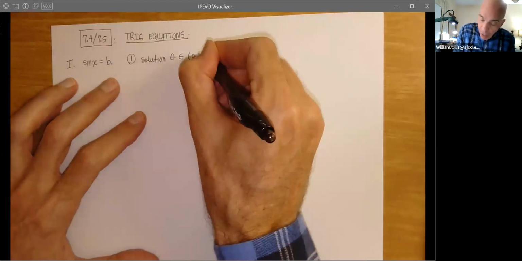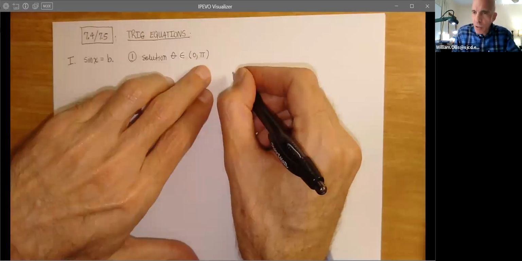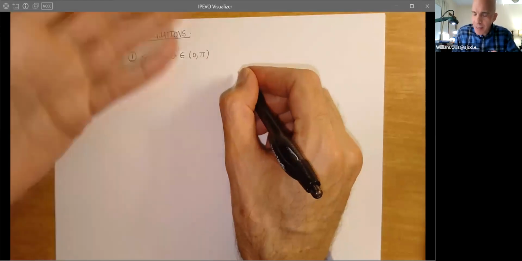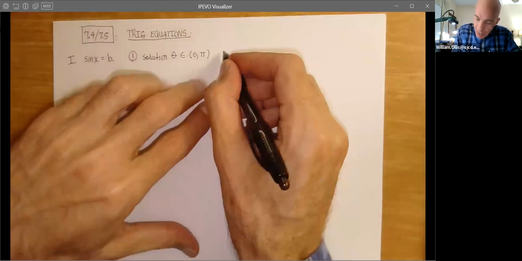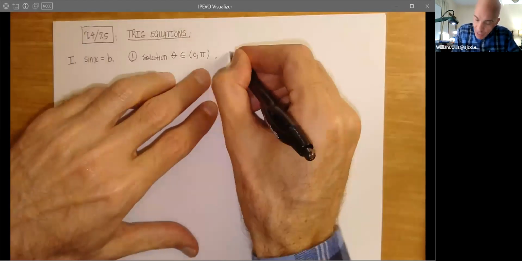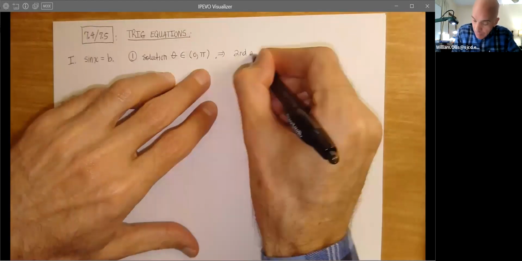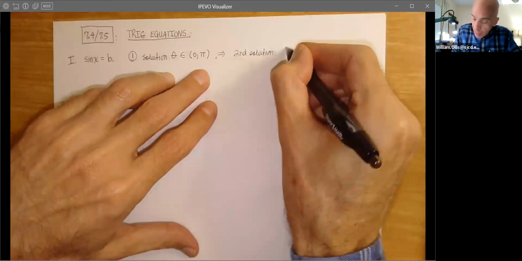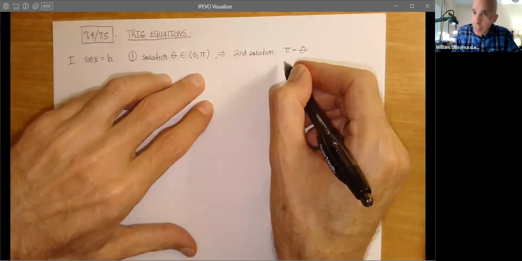And we're talking about away from the axes. The axes are easy. You either get 1 or 0 when you're on the axis, so who cares? That doesn't require anything. So if this is a solution, then this implies the second solution. The second solution is pi minus theta, or 180 degrees minus theta if you're in degrees.